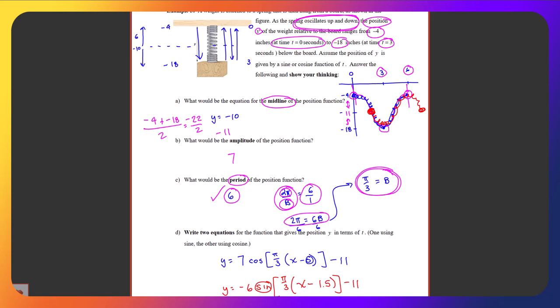And the amplitude is going to be 7, you're right. But since I went down first, I'm going to say that it's -7. It's a sine graph that goes down first instead of up. And then the shift to the right, well, let's see. If that's 6, that's 3, and so half of 3 is 1.5 to the right.